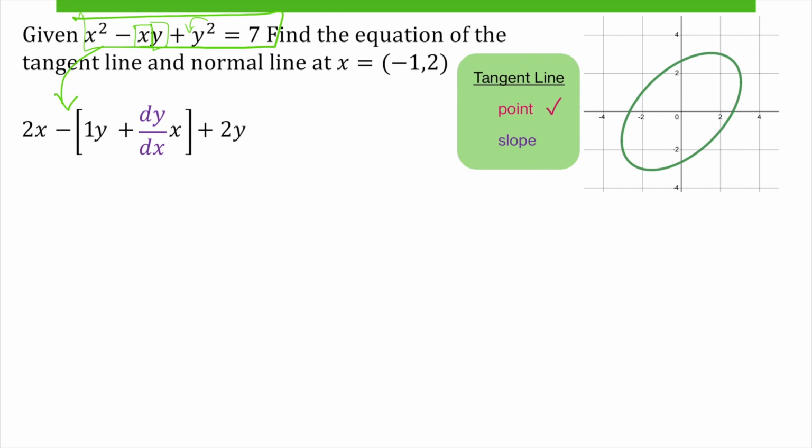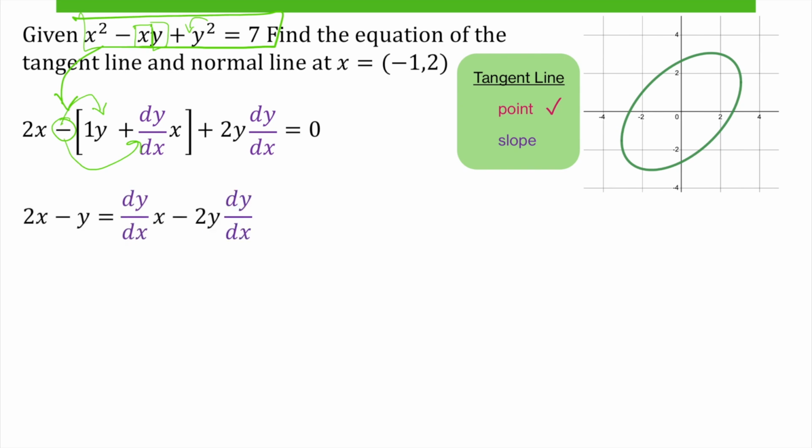And then because we've got y involved, we're going to tack on that dy dx. And then the derivative of 7 is 0. Okay, now don't forget this negative applies to the negative y and the negative dy dx times x.